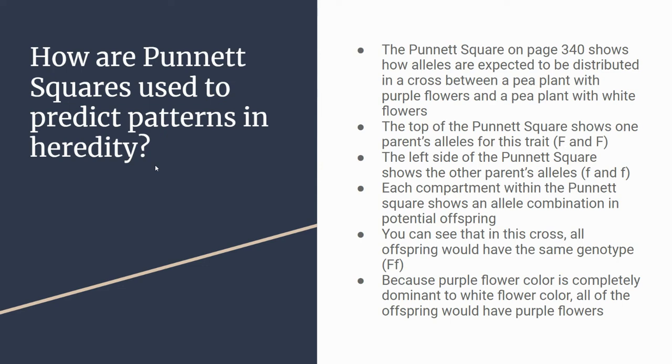Then you're going to take that first box, the top left box. We always start there. We go across and then we go to the left like you're reading, okay? Left to right, down, left to right. So start in that top box. Take the letter that is directly above it, put it there, and the genotype.